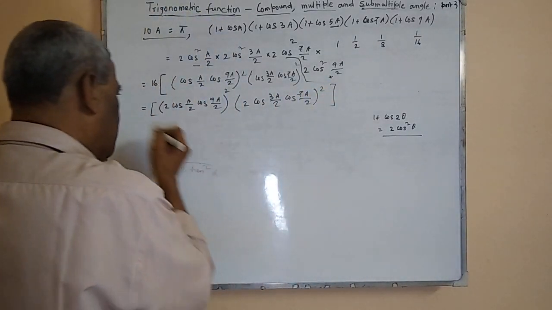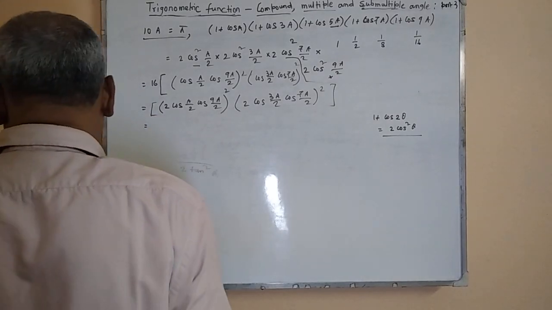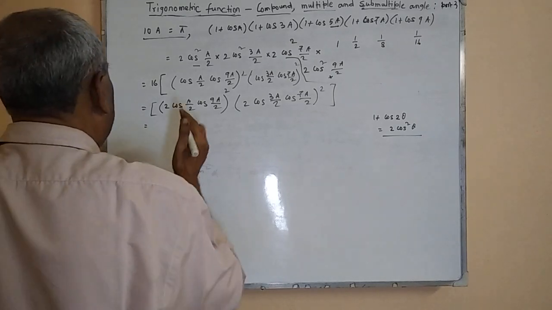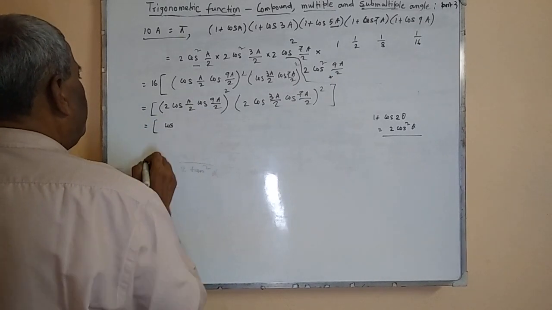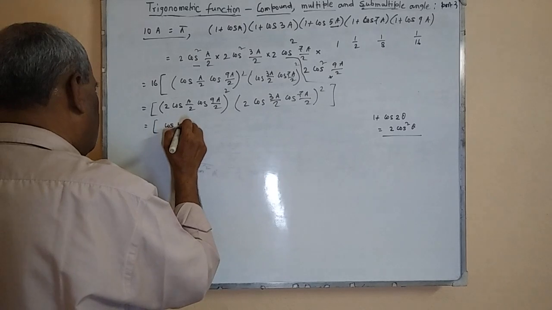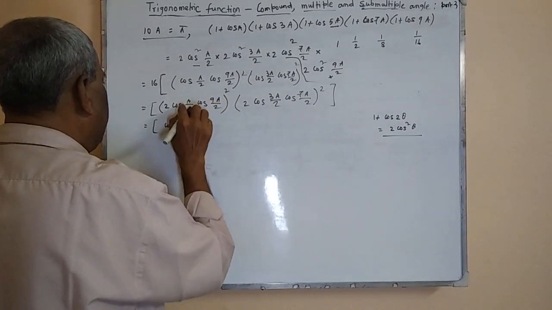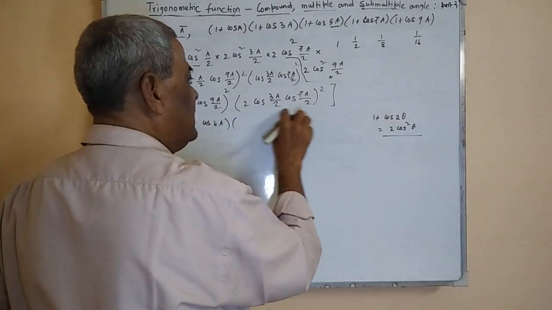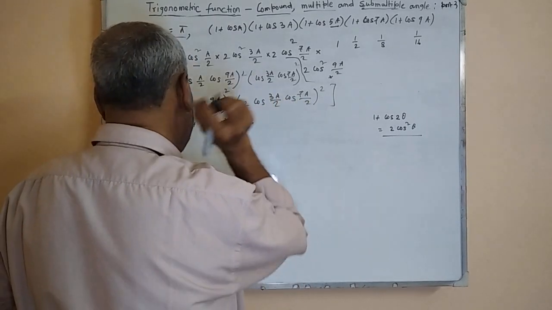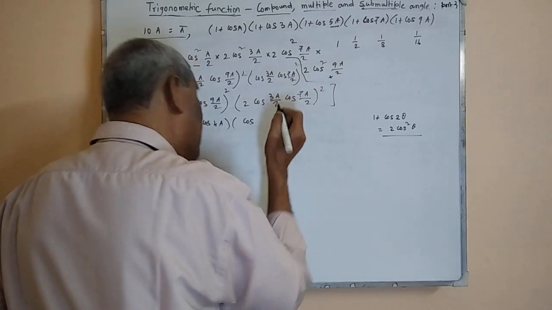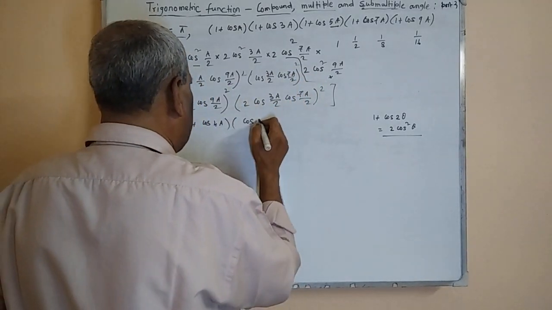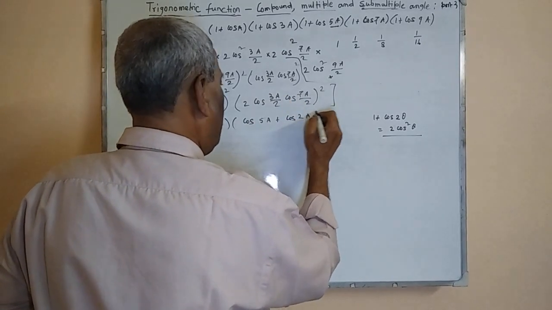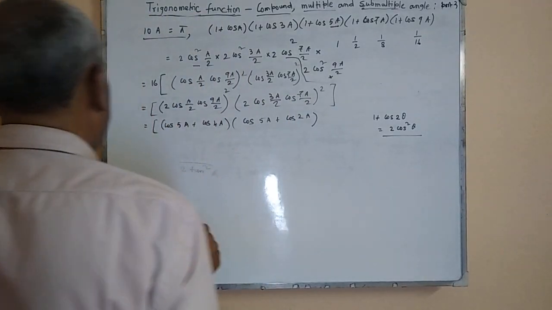Now 2 cos A cos B, its formula is cos of A minus B plus cos of A plus B. Cos of A plus B is again cos 5A plus cos of this minus that, 4A by 2, whole square.